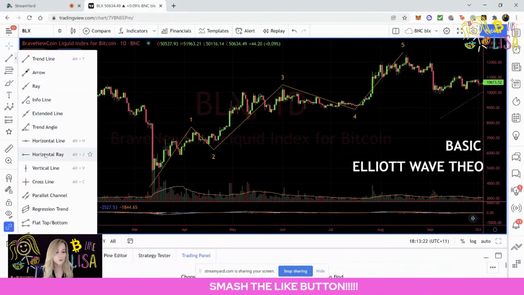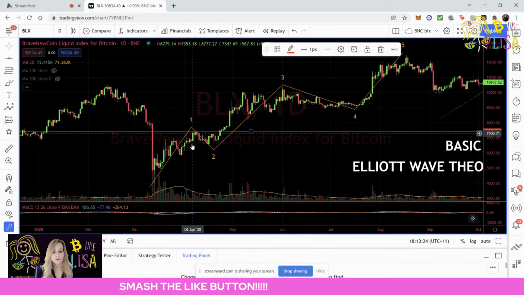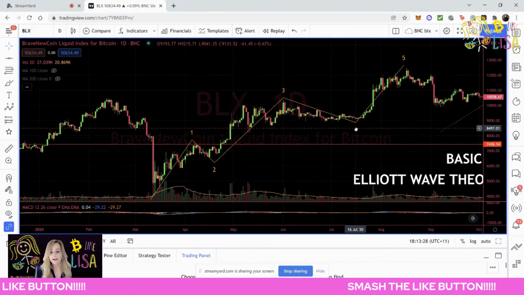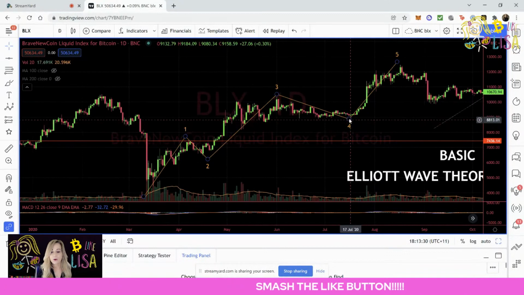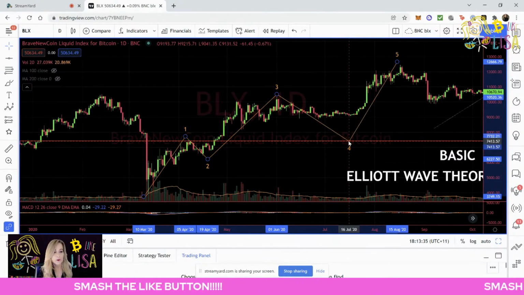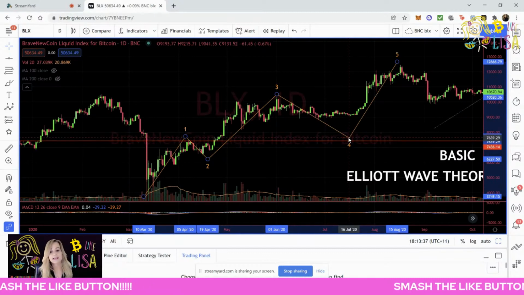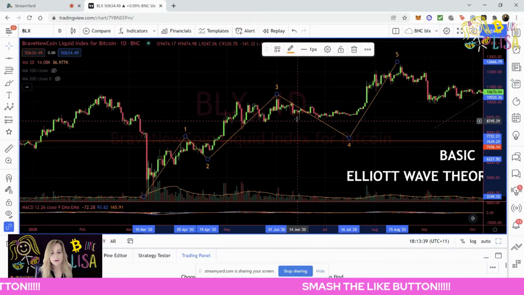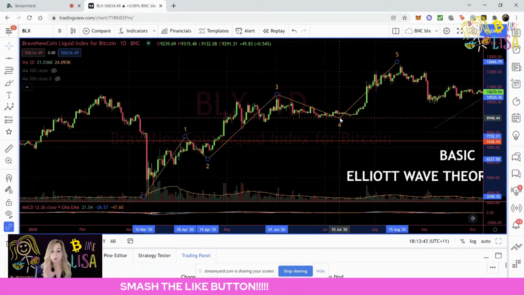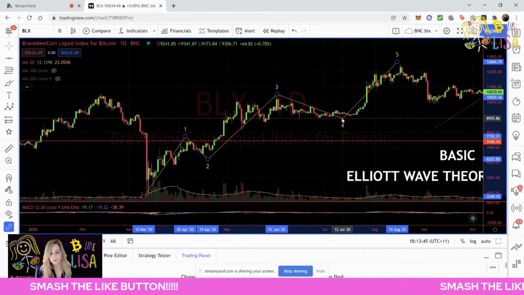So that's a rule. This 4 wave will not correct lower than this 1 wave. If it does, it will be a wick on a higher time frame. So this is a daily. We might get a wick down on the candle, but it won't be a full wave. So that's the rules of Elliott wave.